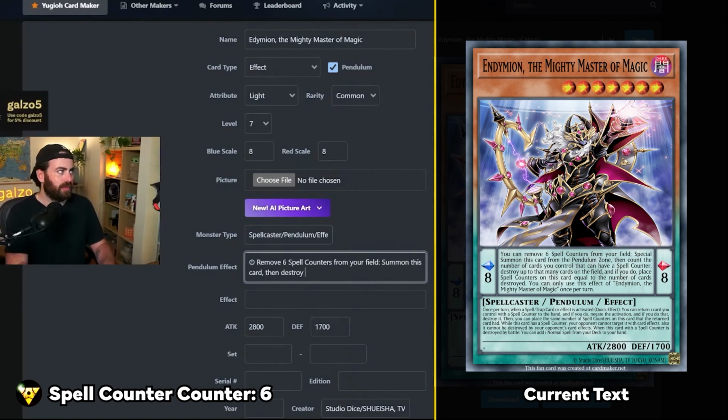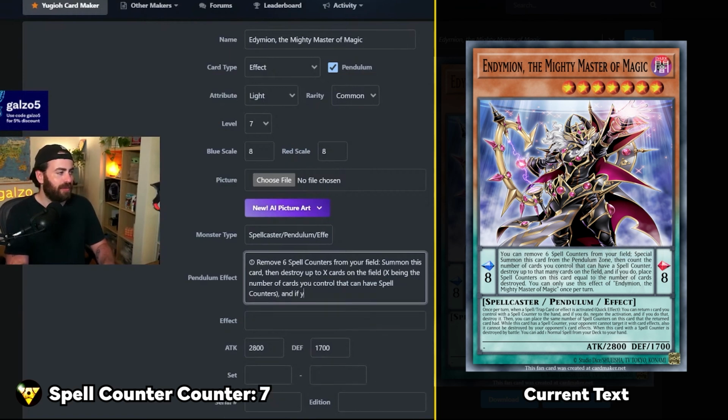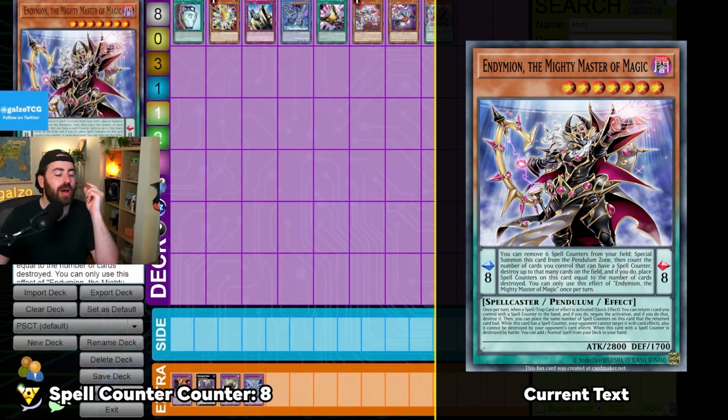Then destroy up to X cards on the field, X being the number of cards you control that can have spell counters. And if you do, place spell counters on this card equal to the number of cards destroyed. Then count the number of cards you control that can have a spell counter, destroy up to that many cards on the field. No way, man.